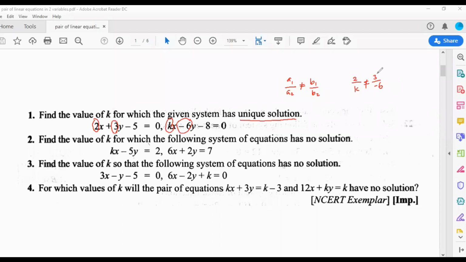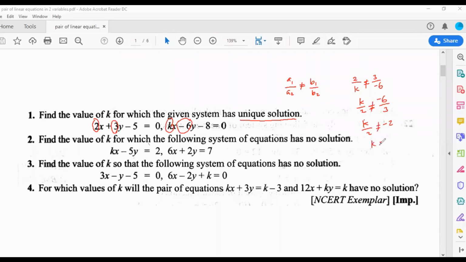From this we can solve for k. If you reverse both fractions, what will you get? k by 2 is not equal to minus 6 by 3. And what is minus 6 by 3? Minus 2.